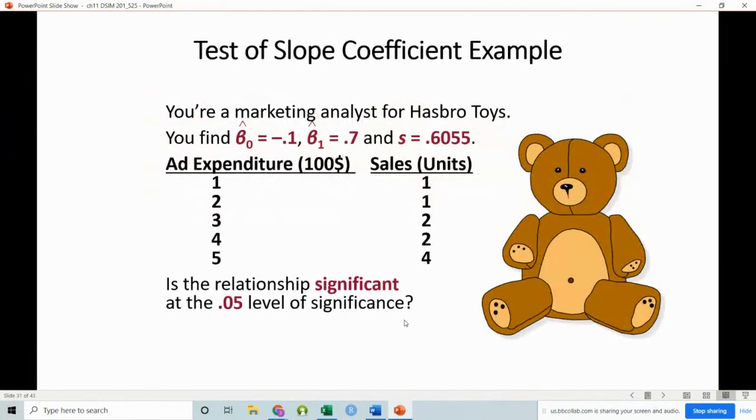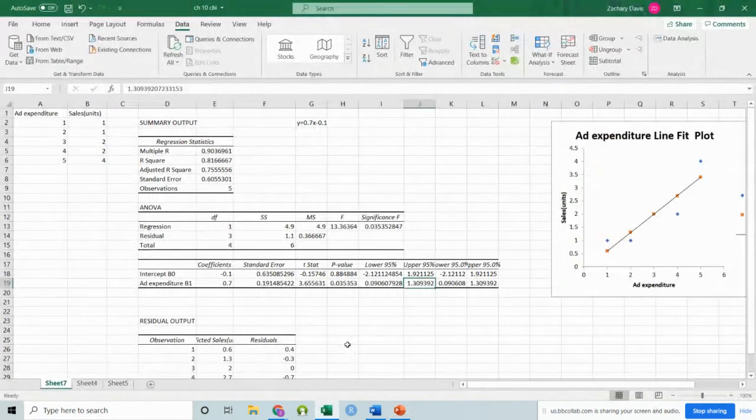So you can do an example. You are a marketing analyst for Hasbro toys. You find that beta 0 equals 0.1, beta 1 equals 0.7, and S equals 0.6055. And then you need to determine, is this relationship significant at the 0.05 level of significance? So you can go back to our Excel spreadsheet. That's why I calculated it out this way.